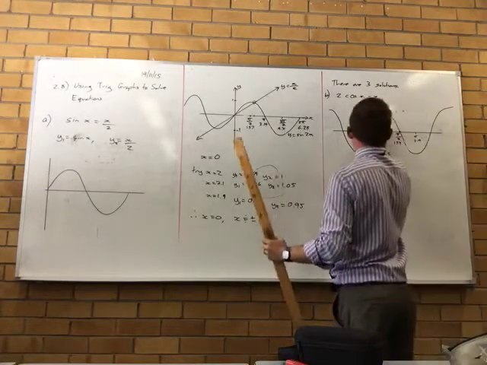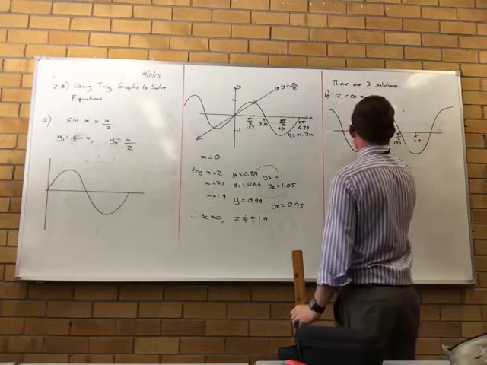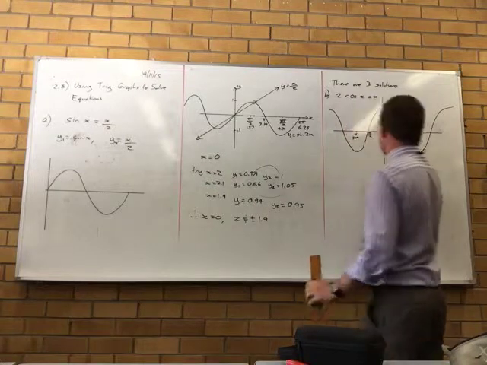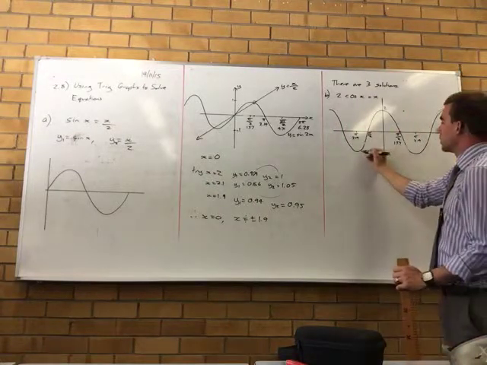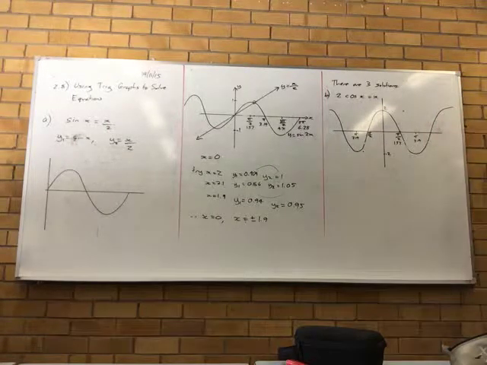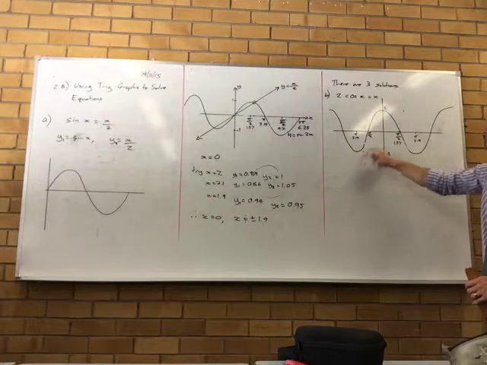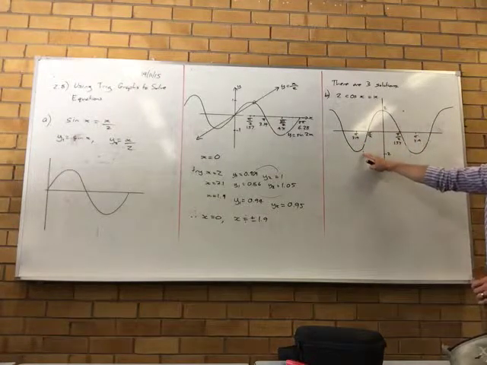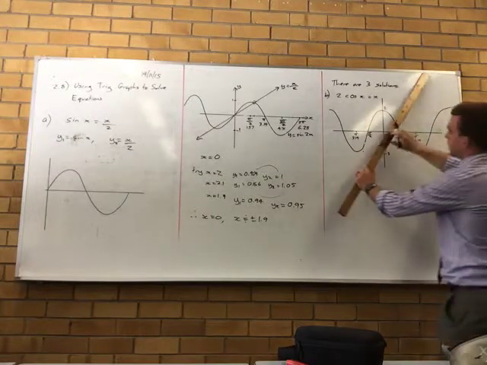This is pi on 2. This is pi, 3.14, and this is 2. So the point 2 is going to be somewhere this side of that curve. And the point negative 2, negative 2 is also on that straight line.